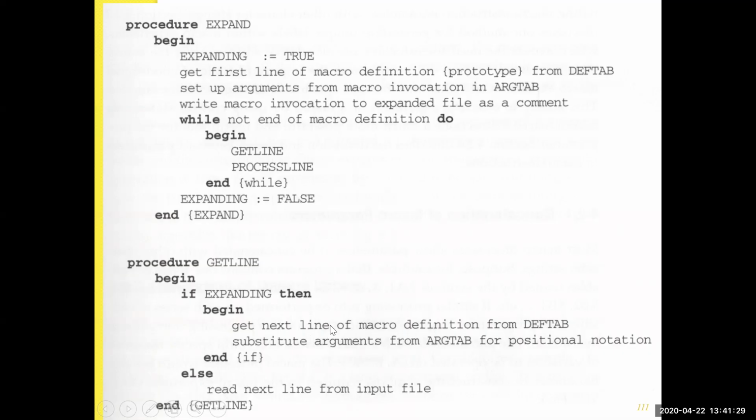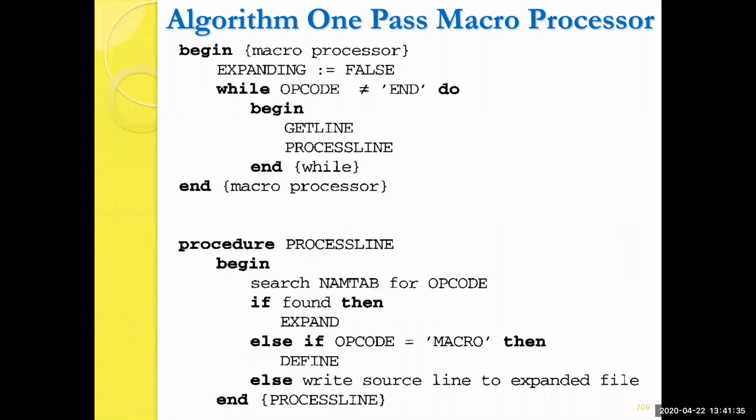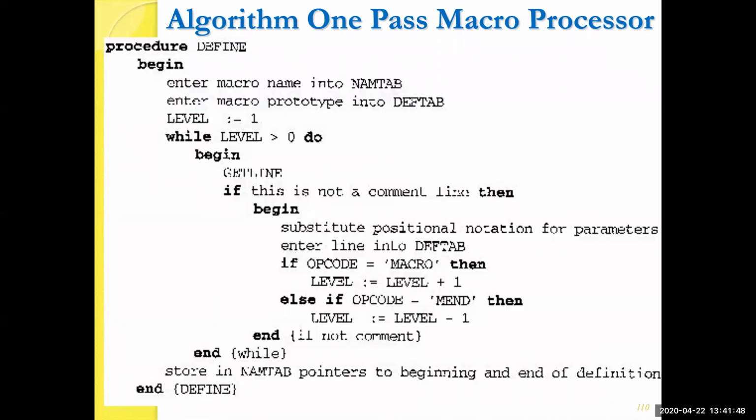So that is all with respect to the one-pass macroprocessor algorithm. To summarize, it uses 4 procedures: GETLINE for fetching the next line, PROCESSLINE for processing every line fetched, DEFINE for defining the macros, and EXPAND to expand a macro invocation statement.